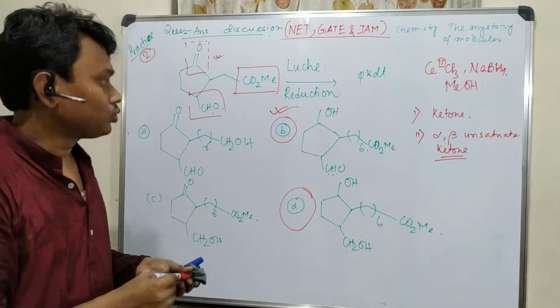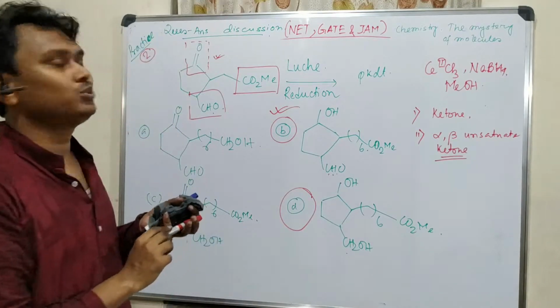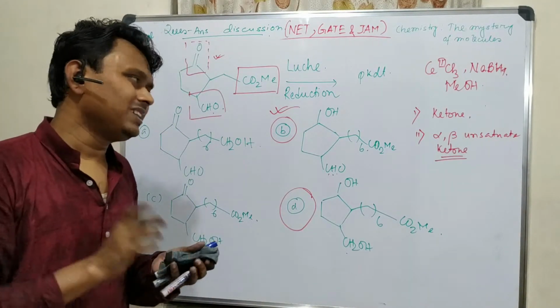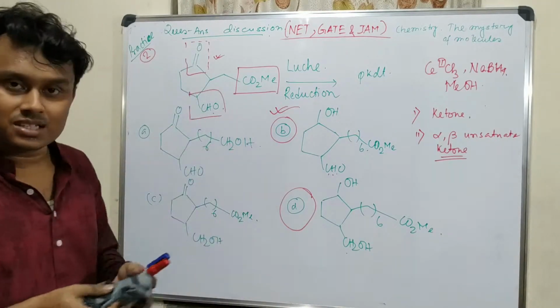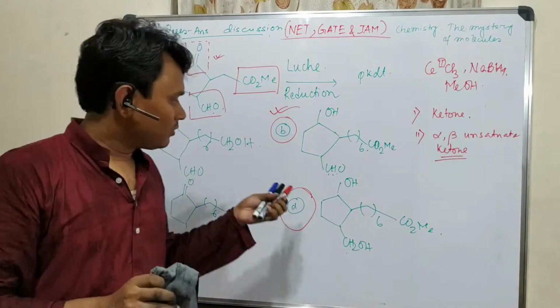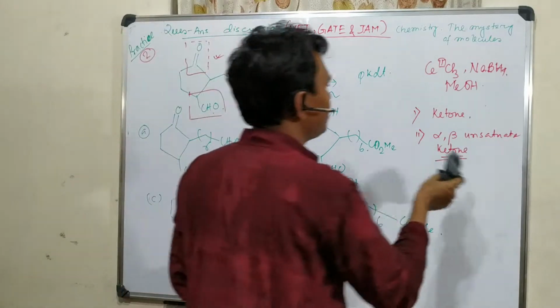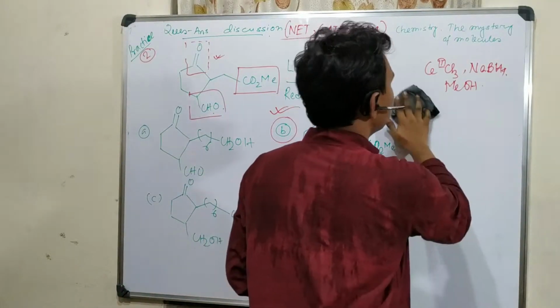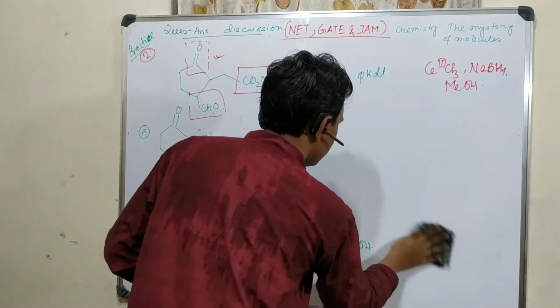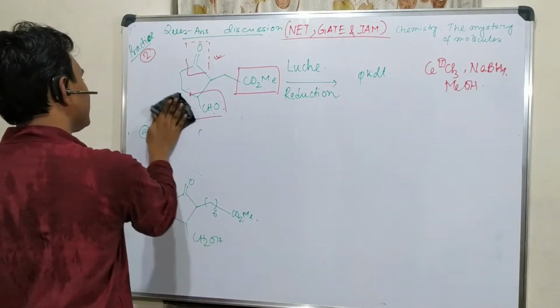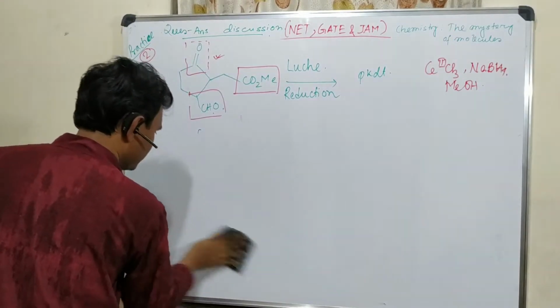Those who don't know about Luche reduction, I will give a little explanation of why this reaction is selective to ketone. For more details, please go through my video about Luche reduction. What happens in the presence of cerium(III) chloride, methanol and sodium borohydride?